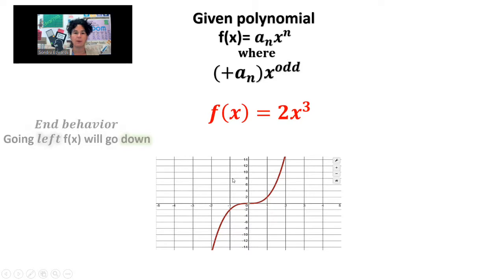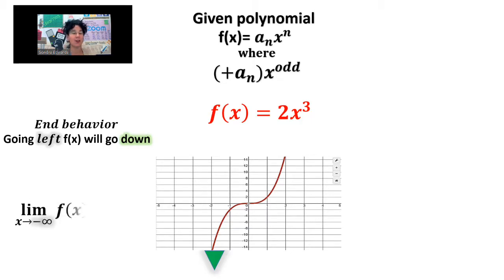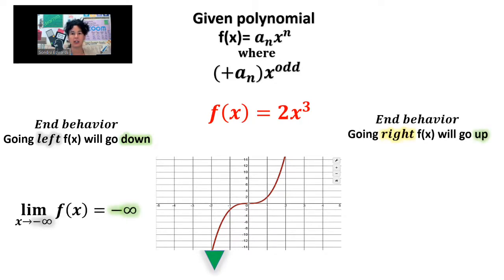Okay, so end behavior. As we start moving to the left, we're going down. But the way we say that notationally is the limit as x approaches negative infinity of the function f of x equals negative infinity.